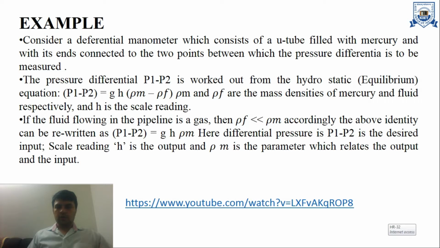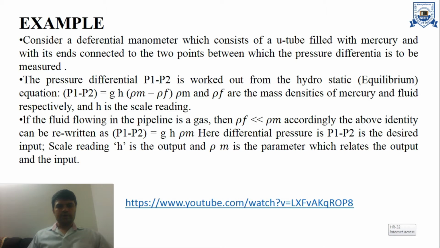G is the gravity, h is the height, rho m is the specific gravity, rho is the density of mercury, and the pressure differential P1 minus P2 is worked out from the hydrostatic differential equation.